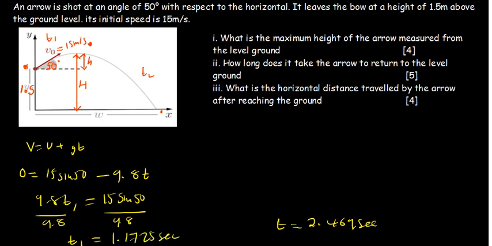And then we're supposed to find T2. Now to be able to find T2, since we don't know the final velocity at the bottom, we cannot use this equation. The final velocity at the bottom will not be 0. So we can say height is equal to ut plus half gt squared. Now the height is going to be the total height from the very top to the very bottom, and we already found that.